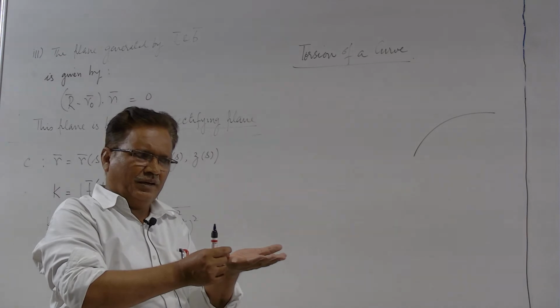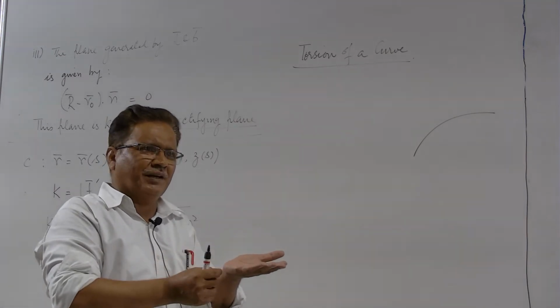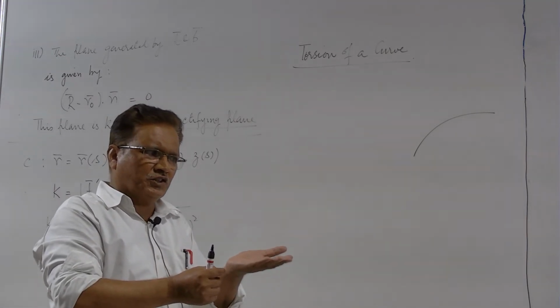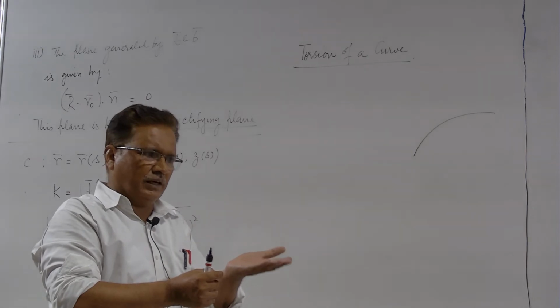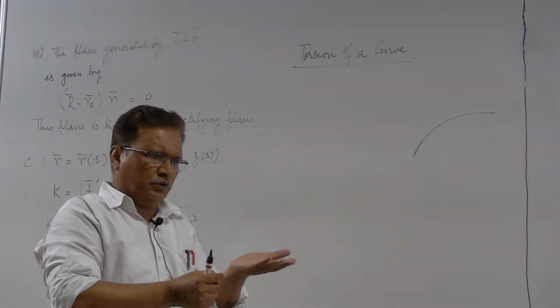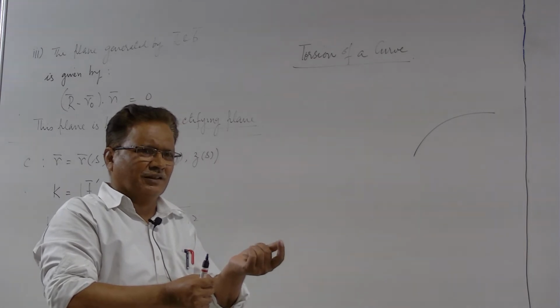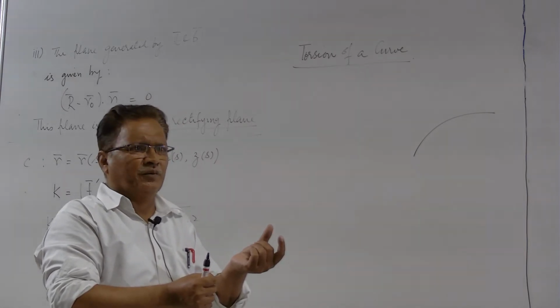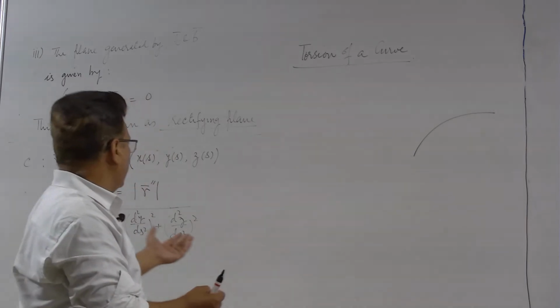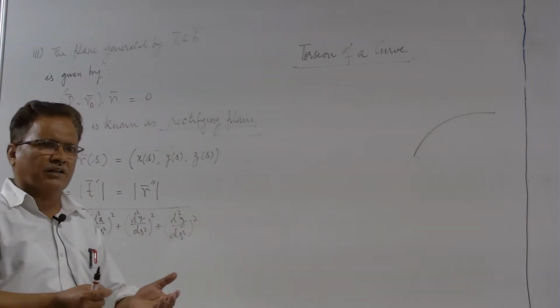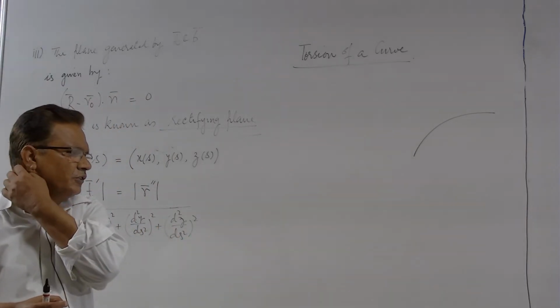It will go outside the plane. So, this tendency of a curve to go out of its osculating plane is called its torsion, and that changes from point to point.